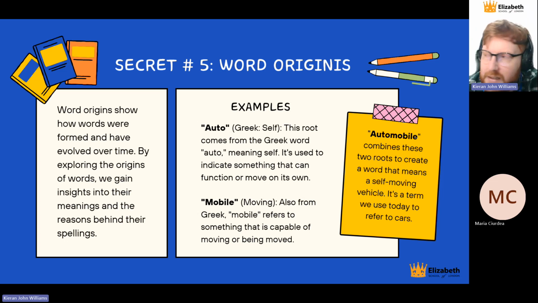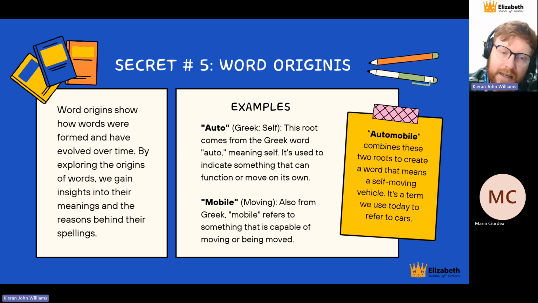If we consider the word automobile, if we remember in Greek, auto means self. It is related to something doing itself or done by itself. And also the idea of mobile, this is the idea of something moving.